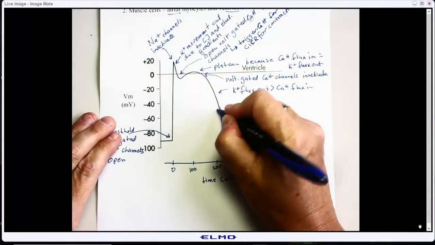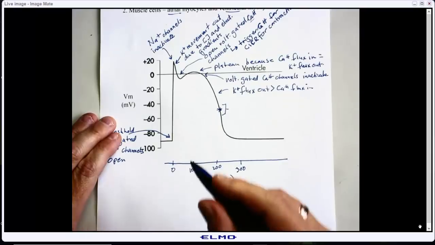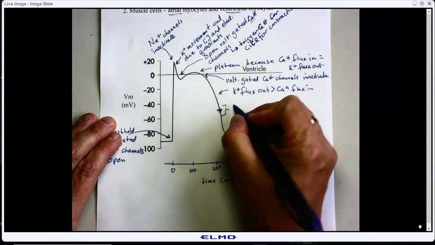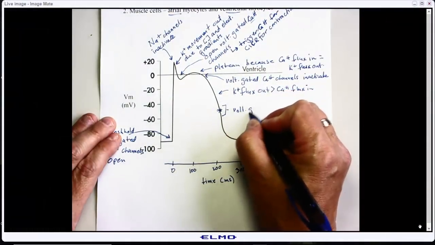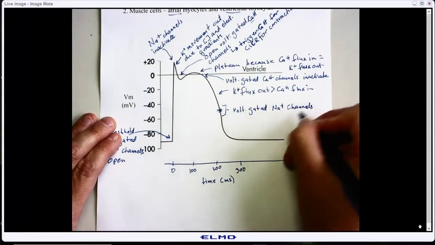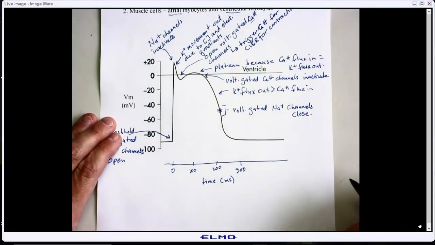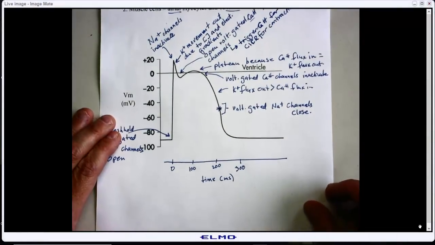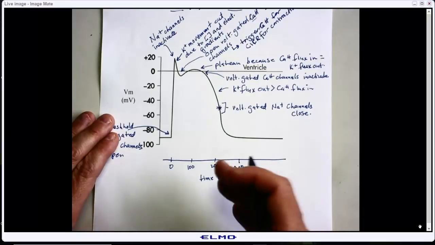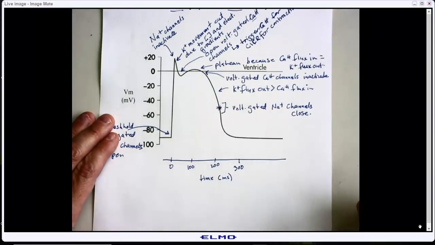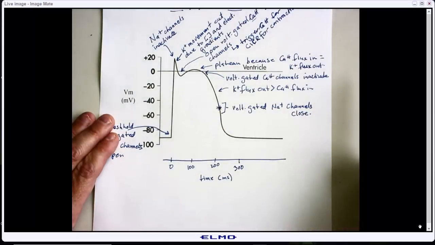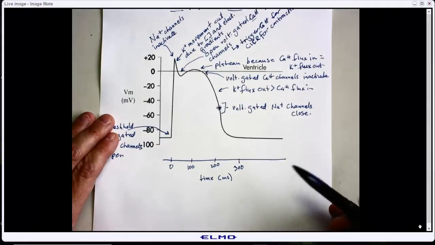Somewhere in here, there's a little bit of a region where our voltage-gated sodium channels close. Okay, voltage-gated sodium channels close. And then again, like in the SA nodal cells, in order to be able to produce another one of these, not only do we need those voltage-gated sodium channels closed so we can reopen them, we need these voltage-gated calcium channels closed so we can reopen them.